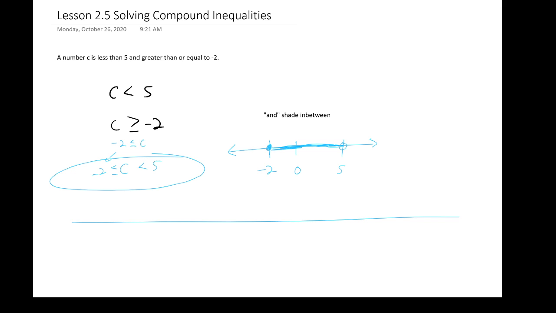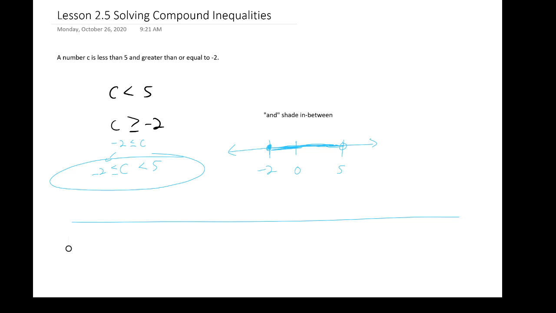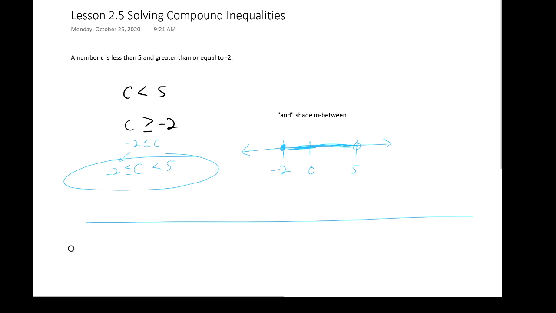All right, next. We're going to have an example of a disjunction problem, which looks like this.